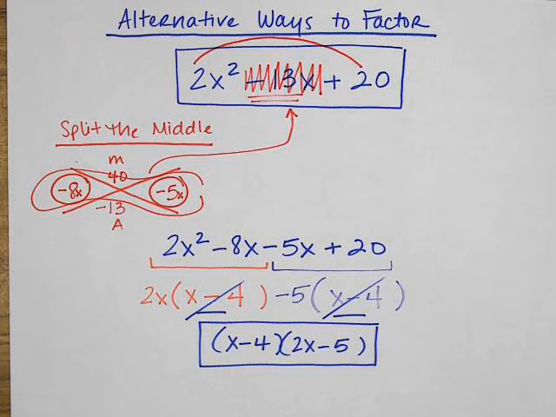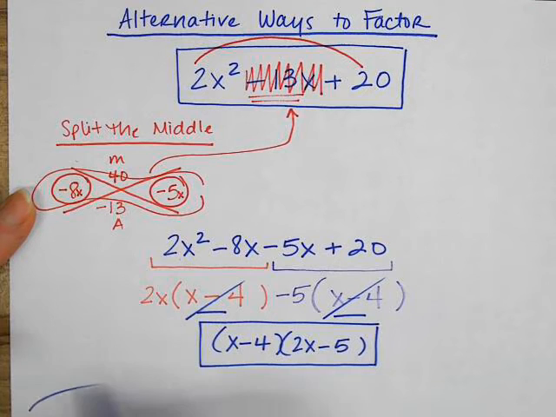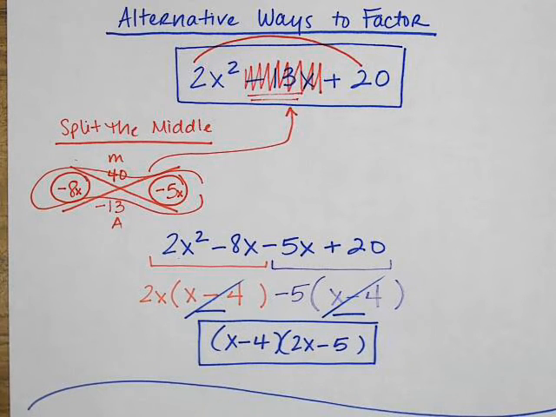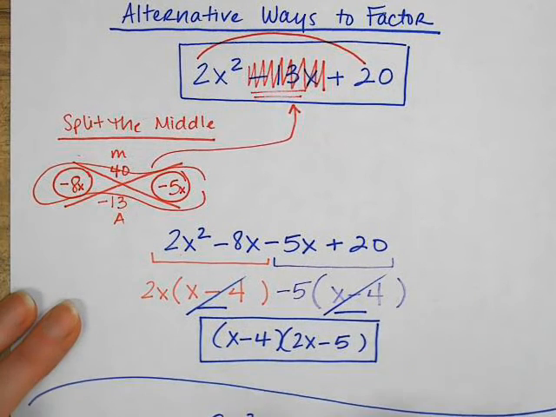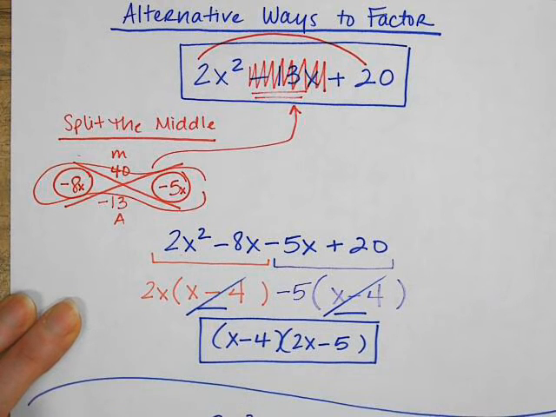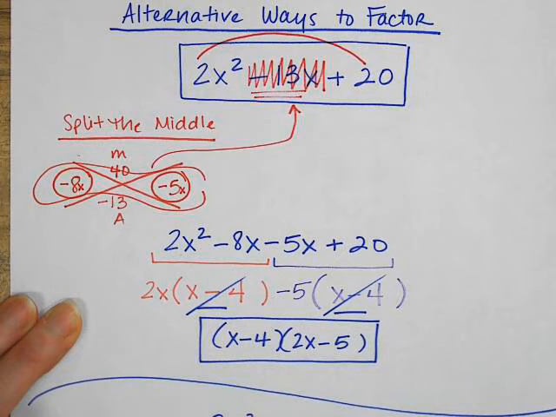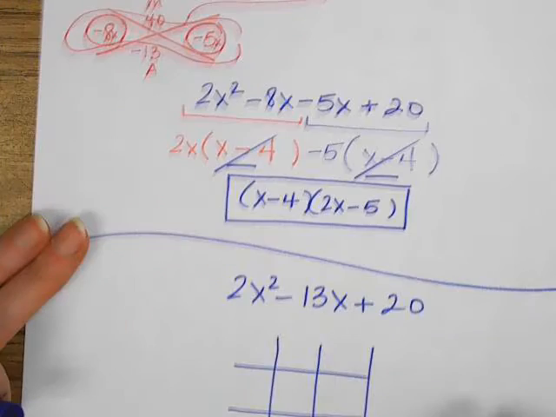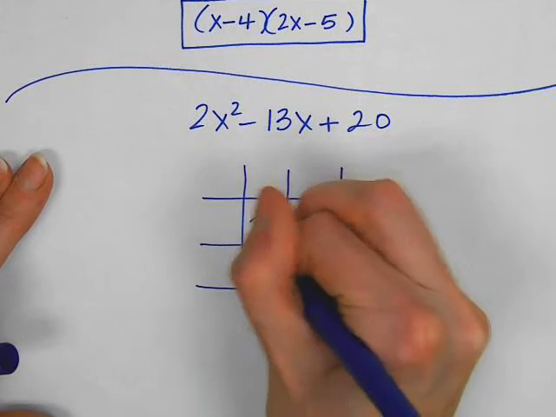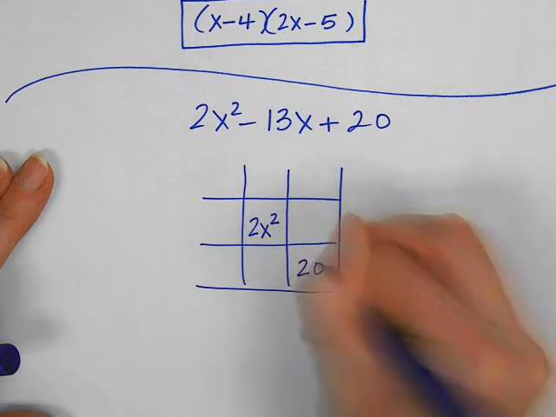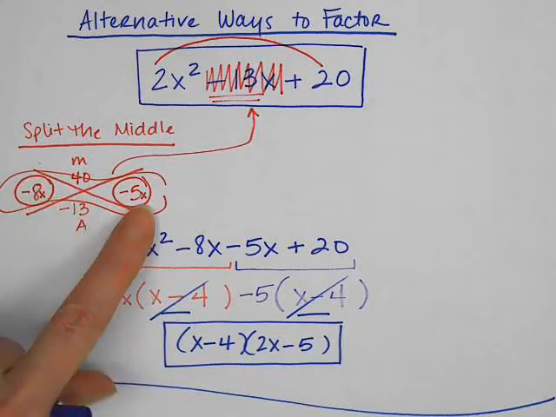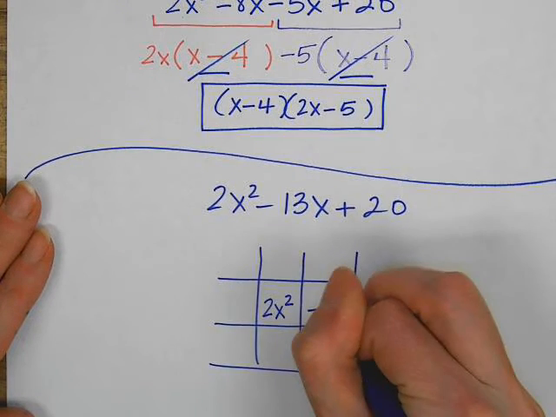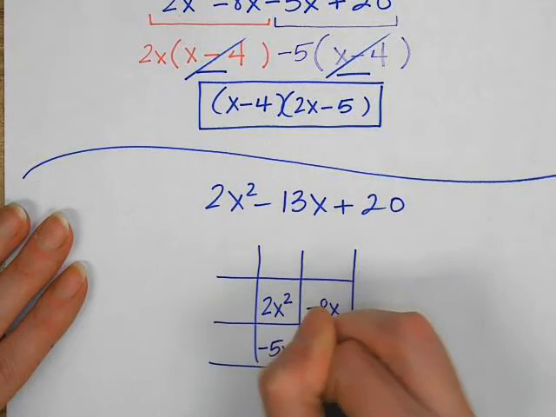Since this is an optional video, why don't I show you the box method for this one too? I just want to show you that these are all the same thing. So, box method: you put the 2x squared here, you put the 20 here, and then we would have had to do this MA table. So we would put the negative 8x here and the negative 5x here.